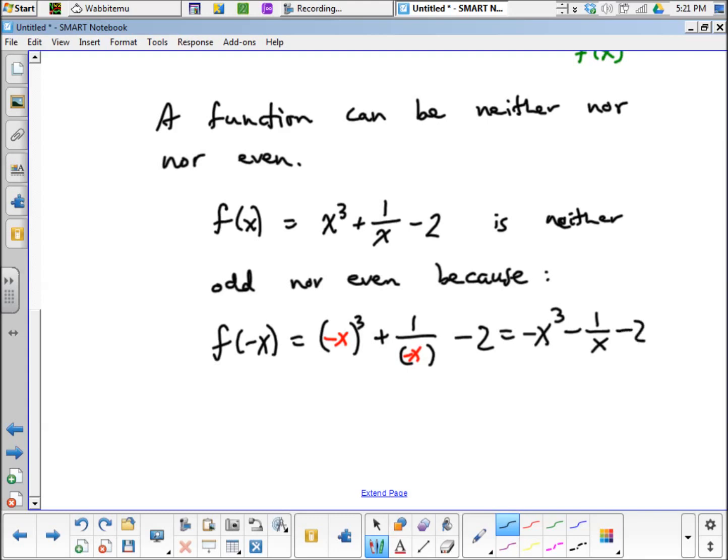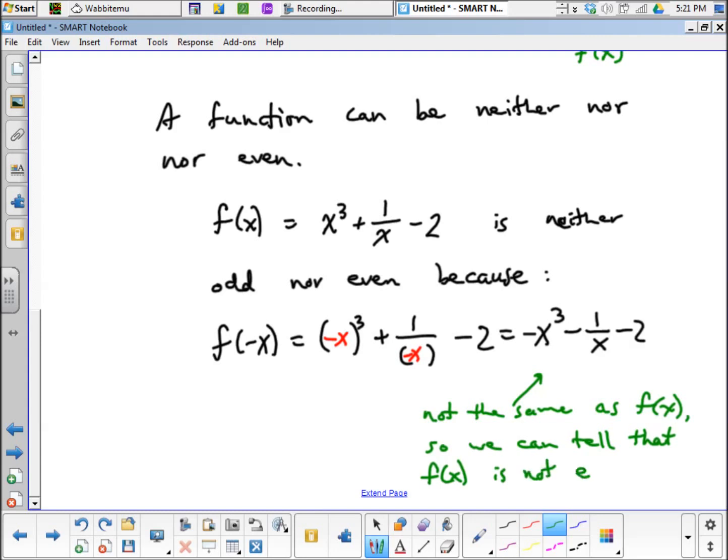Minus 2. Okay, so this cannot be even. This is not the same as f of x, right? So we can tell that f of x is not even.